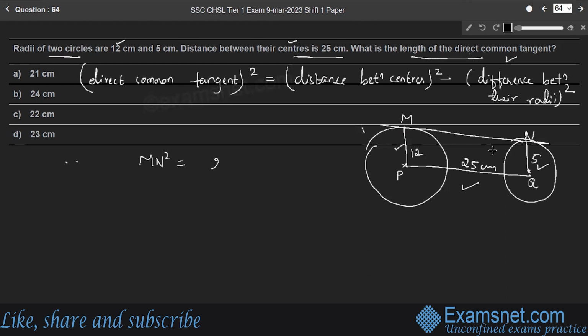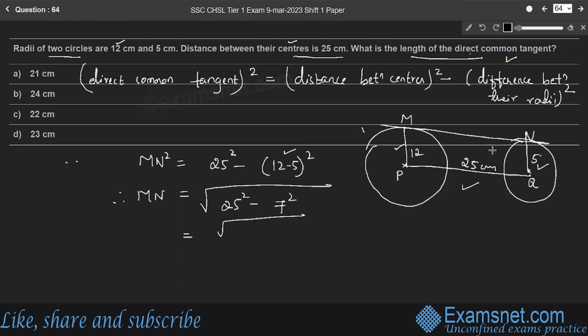the distance between the centers, which is 25, squared, minus the difference between the radii squared. The difference between the radii is 12 minus 5, its whole square, right? Therefore, the direct common tangent MN is equal to the square root of 25 squared minus 7 squared.